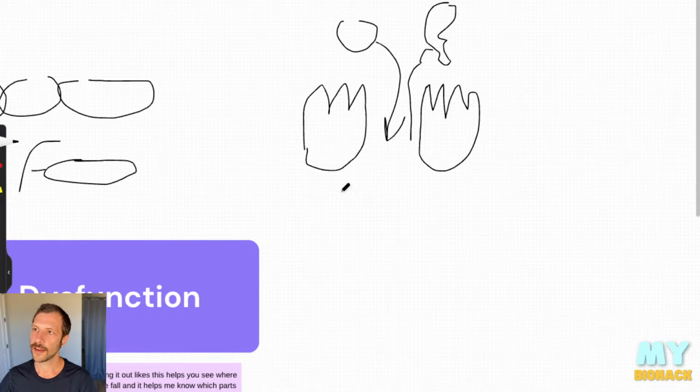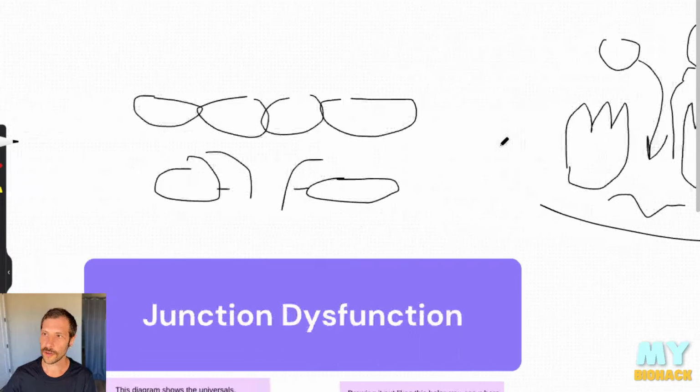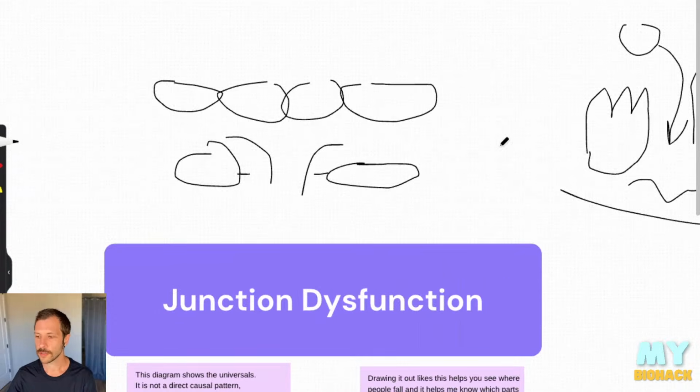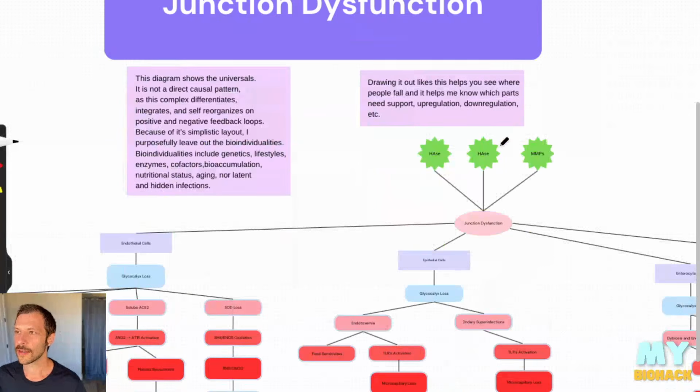Parts of them can get in, activating the immune system. The blood's right behind here. So this whole concept of junction dysfunction really plays a universal system between anywhere in like the gut, the blood, the blood-brain barrier, the kidney barrier, the liver barrier, the heart barrier. There's just so many different parts to it.